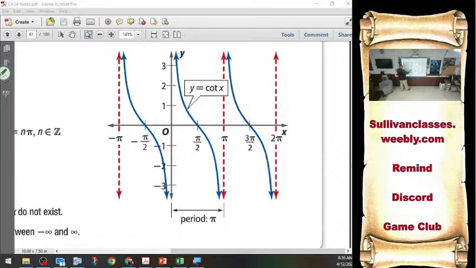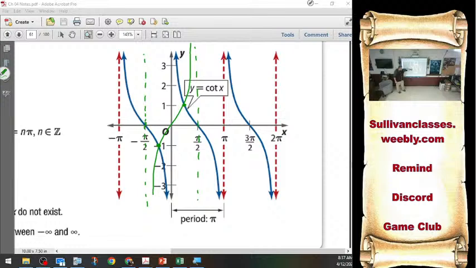Additionally, if you looked at a normal tangent graph, the reciprocal of -1 is still -1. The reciprocal of 1 is still 1. So if tangent looked like that, do you see why this just flips?